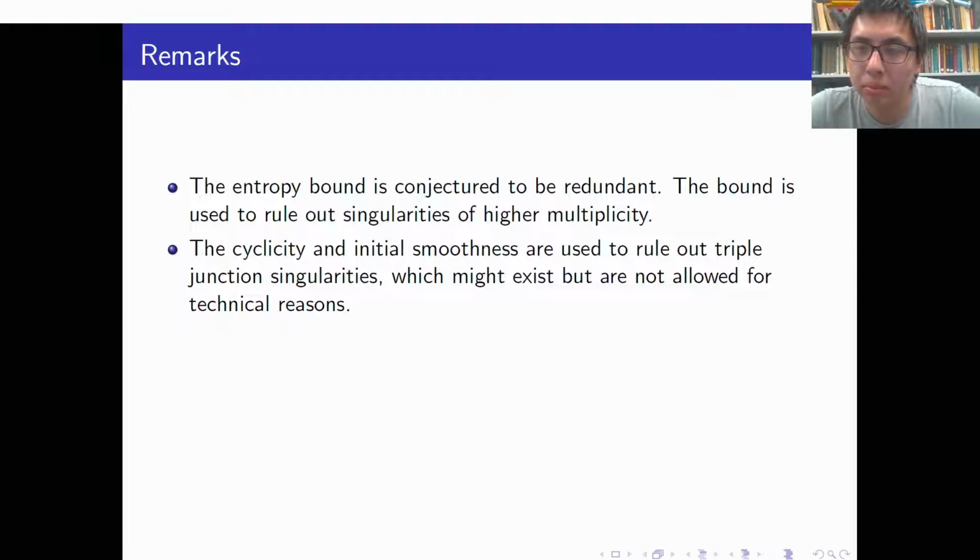That breaks down because of the Hopf lemma that we're using. In the non-smooth setting, we're using a variant of the Hopf lemma that works with integral Brakke flows, and in the assumption of the lemma is that you don't have triple junction singularities. So here we need cyclicity and initial smoothness to rule that out.